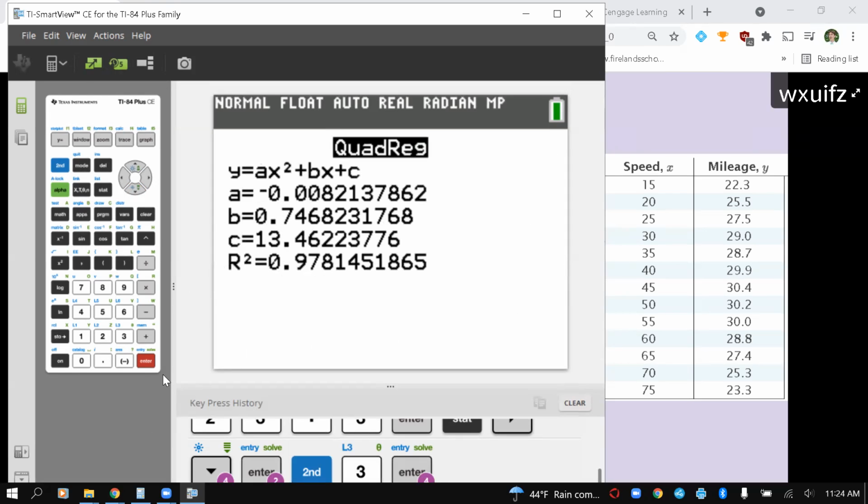Does anyone's calculator not show the R value? No? Oh, well, okay. Let me see if I can help out with that. Domain mismatch. Yes, domain.